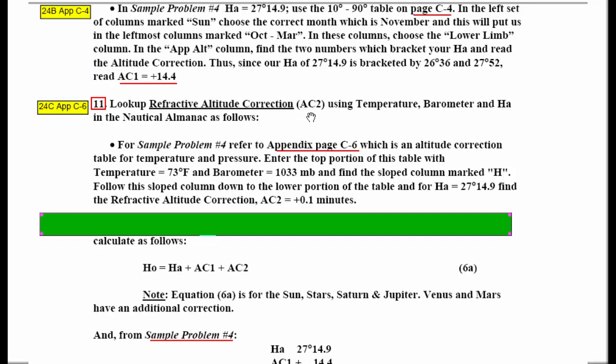And AC2 is based on the temperature, the atmospheric temperature, and the barometer reading. It's not a very large correction for most conditions, like summertime conditions of sailing.